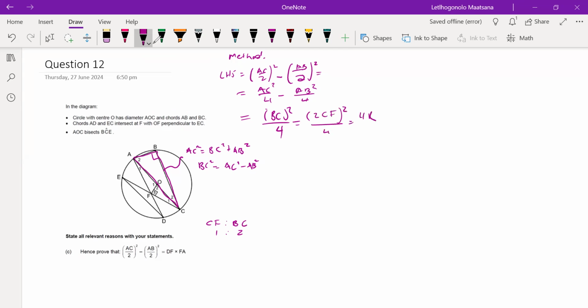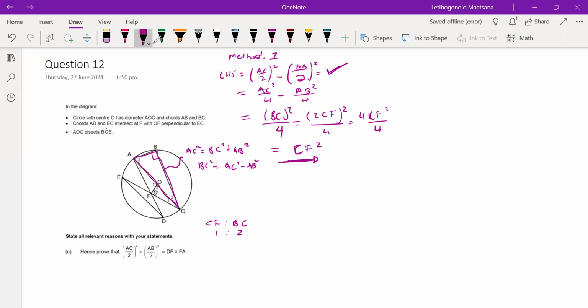We'll have 4CF²/4, and this whole thing is equal to CF². So that's what we're proving, that the right-hand side is equal to CF². That's the important part, and that is when you use method 1.